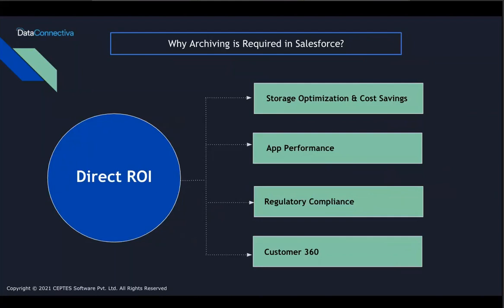Maybe the customer is using Sales Cloud, Marketing Cloud, Pardot, Service Cloud, all working in different silos. So how do you bring everything together and have a holistic view of your customer? When you bring all the data, your storage is definitely going to increase. So what do you do for that? If you are not using some of the old data, you can archive it, and still be able to see it within your Salesforce. How? We're going to talk about it in the next few slides, right?